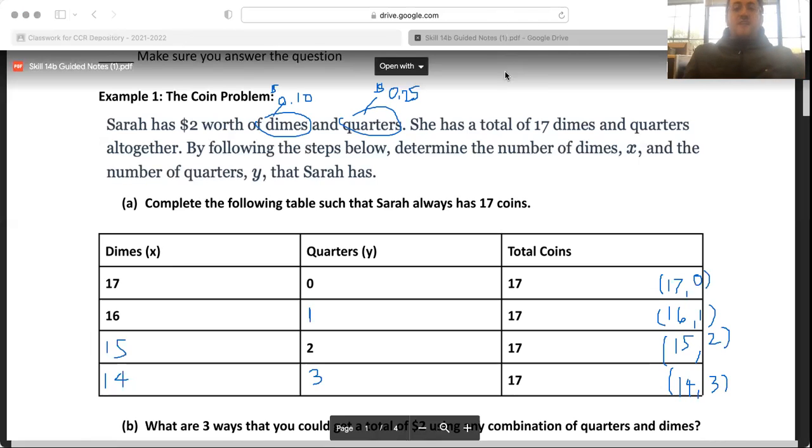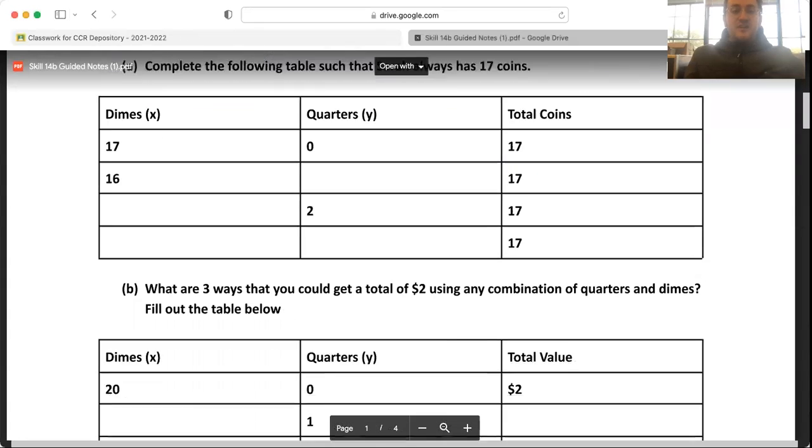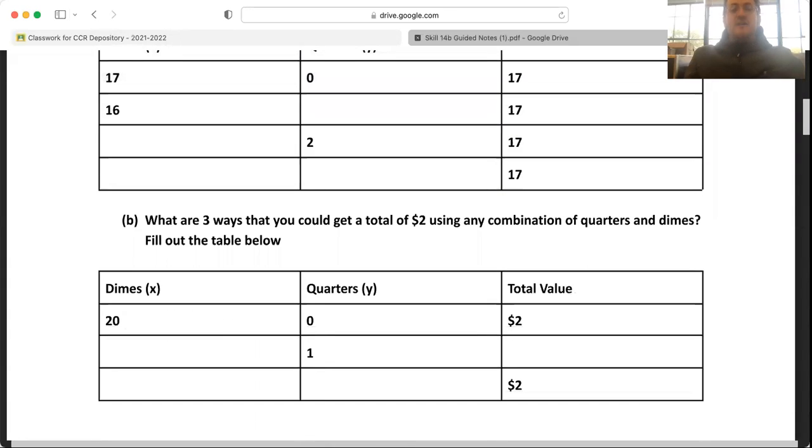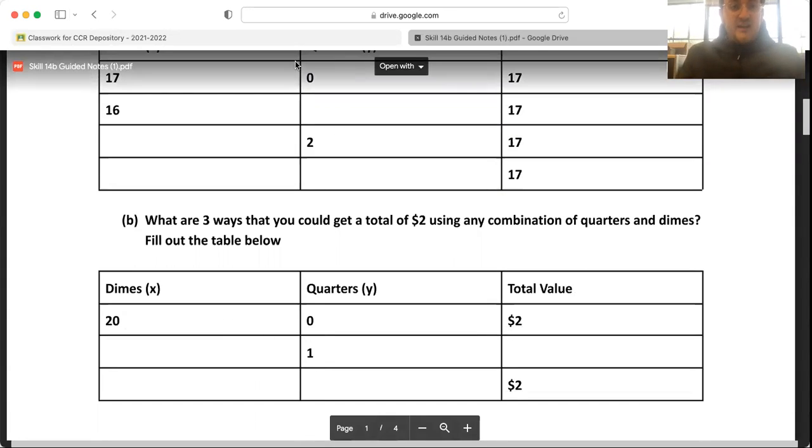Now, where things get a little bit more interesting is how do we get the combinations of $2. I did make one small typo here. It turns out that if you have 1 quarter, you don't get an even number of dimes. So we're just going to do 2 quarters and 4 quarters. So 0 quarters obviously is $0, and then this would be 50 cents.